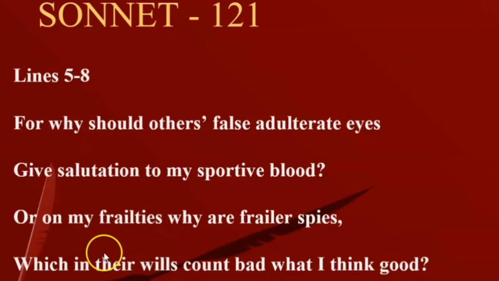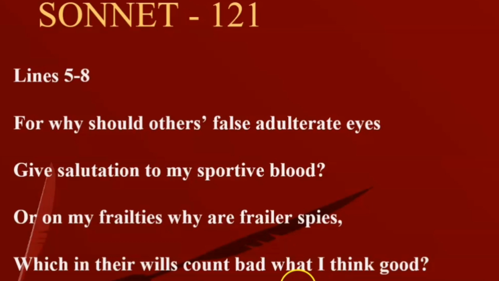See, "and on my frailties, why are frailer spies, which in their wills count bad what I think good?" Sometimes these kinds of people, the so-called leaders of the society, in their wills, that means in their desires or in their thoughts, count bad what I think good.